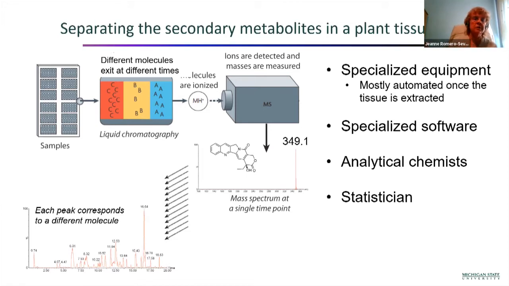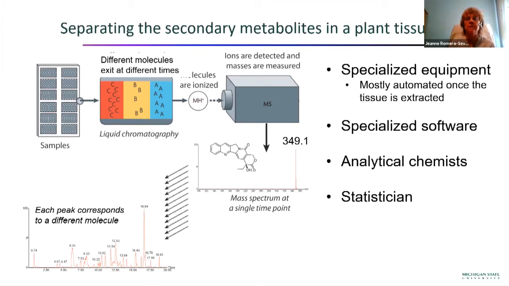In the cartoon here, we show liquid chromatography and mass spec, usually abbreviated LCMS. This technology is capable of not only isolating down to the individual compound every metabolite in the sample, but it also reports back to you what their molecular mass is. This is the molecular mass of camptothecin here.